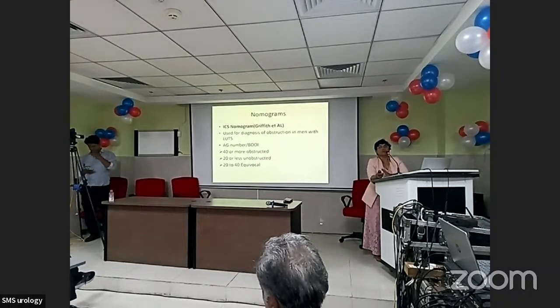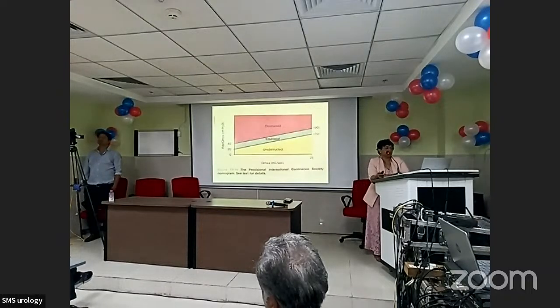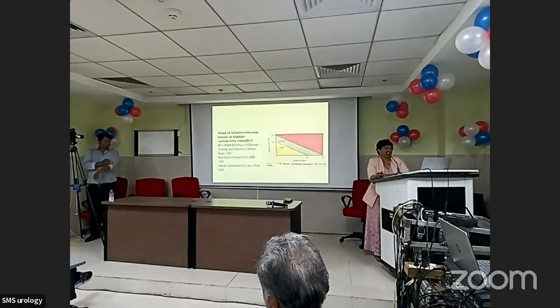It can be used whenever you are in a problem about diagnosis, or sometimes you are questioned legally as to why you operated and why it did not produce the required results. So these are few cases where it is important. So more than 40 is considered obstruction, 20 to 40 is equivocal, and less than 20 is unobstructed. And then this comes on each and every graph which we see for uroflowmetry.